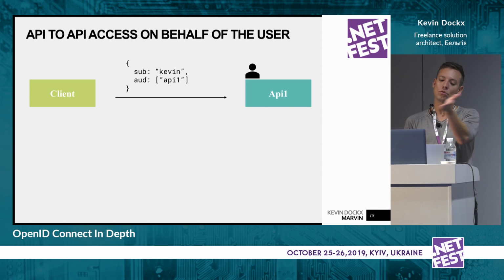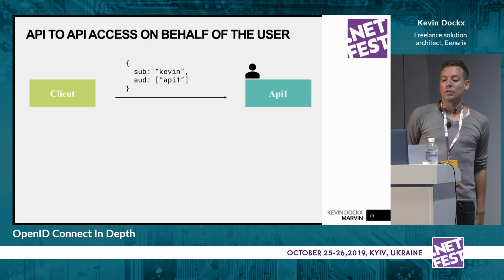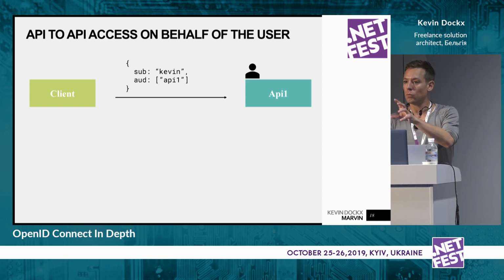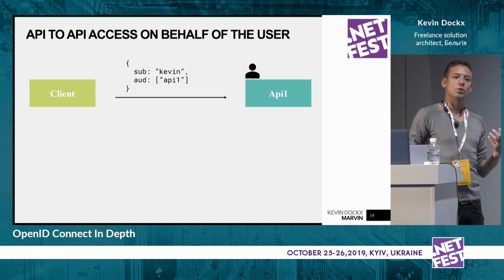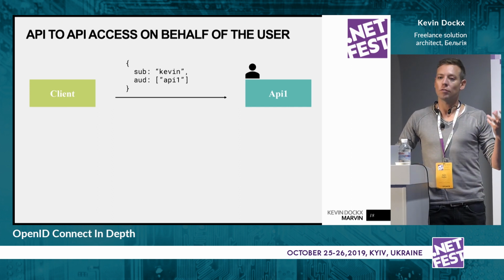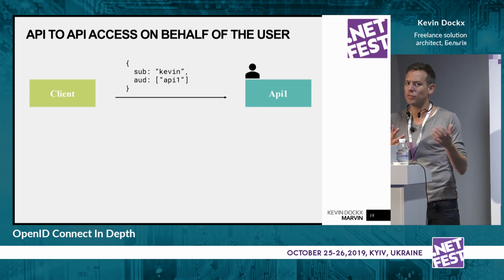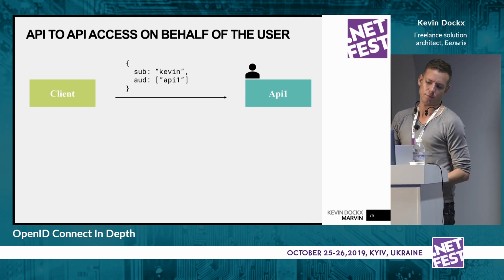So the client sends the token as a bearer token, and the API validates it. The audience is API 1, and API 1 knows who I am. This is important because you often want to do something in the name of the user at the level of the API, or depending on who the user is, you might have different rights at the API.